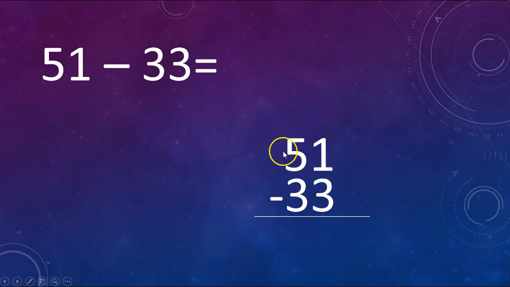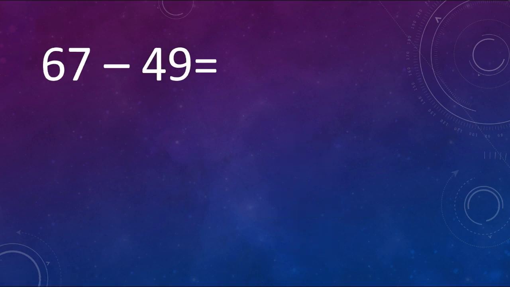So the 5 is going to give us one of its tens, and the 5 needs to turn into a 4. What is 11 minus 3? 8. Good. And what is 4 minus 3? 1. So our answer is 18.